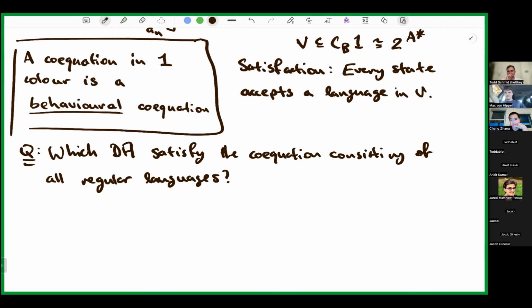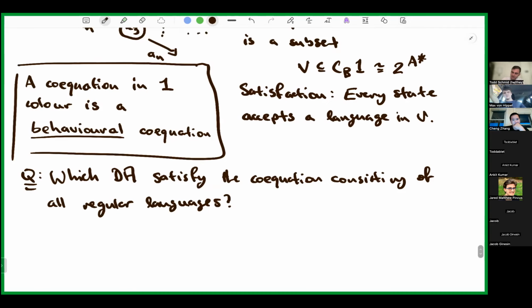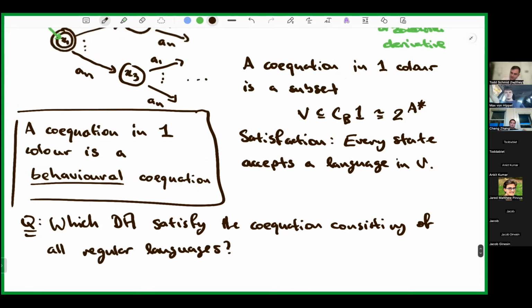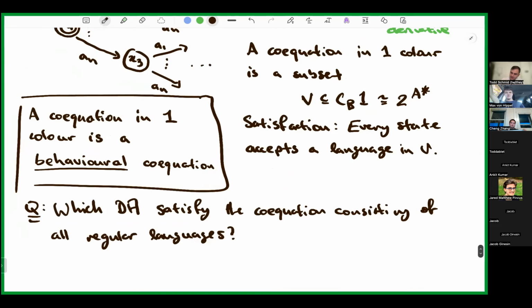So what does this question mean? Isn't it that one coequation identifies a particular regular language? So a coequation for deterministic automata is going to be a subset of languages. It's going to be a set of languages. Yeah. So regular languages is a set of languages, right?